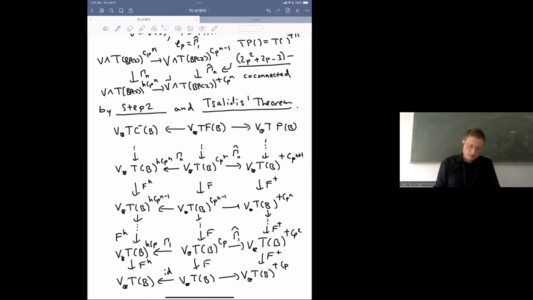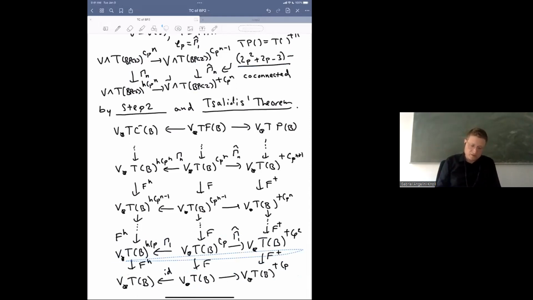Each of the maps on the left and the maps on the right are 2p^2 plus 2p minus 3 coconnected because they're exactly these maps. So first you compute both of these things downstairs. Then you use this C_p Tate spectral sequence to understand the homotopy C_p fixed point spectral sequence.